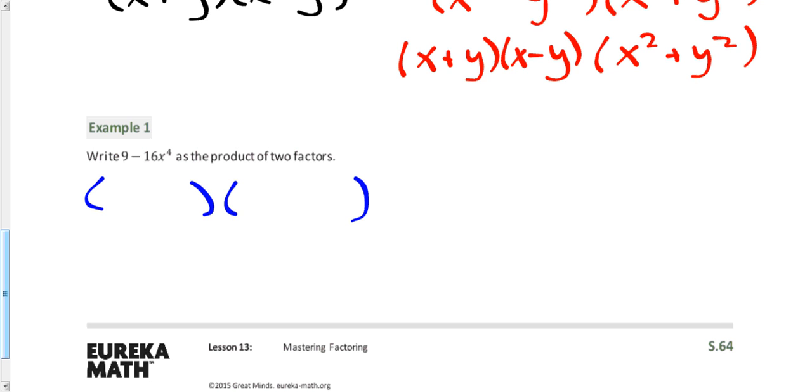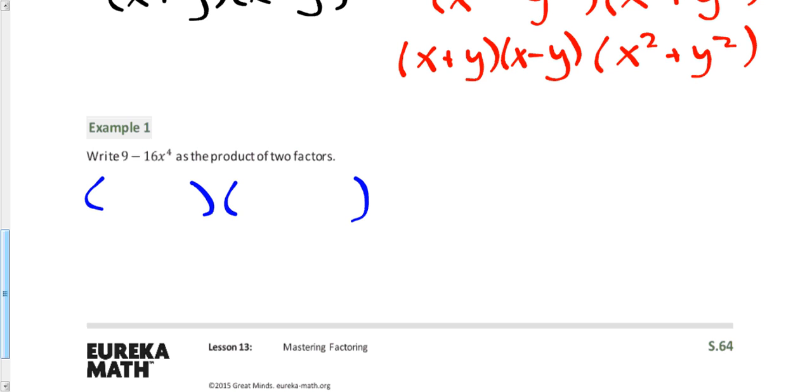Oh, there's 16. Yep. I want it to look like this.